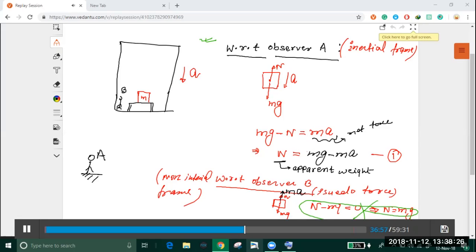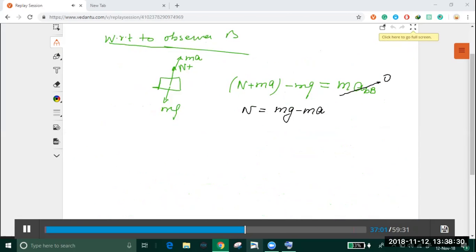Now, if it is the apparent weight, m times g minus a, so what is the apparent mass? It will not be the actual mass. The mass is less than that. So you have to just divide mg minus a by g. Okay. So it is m times 1 minus a by g.